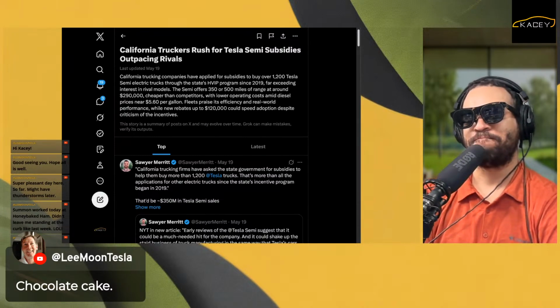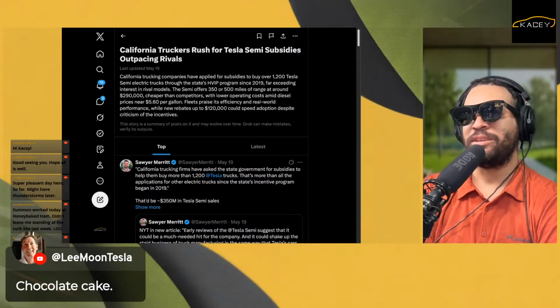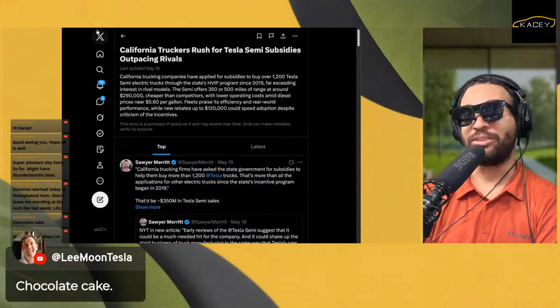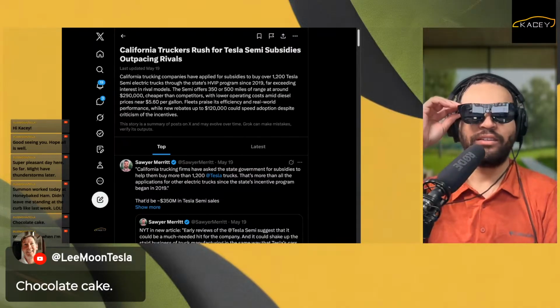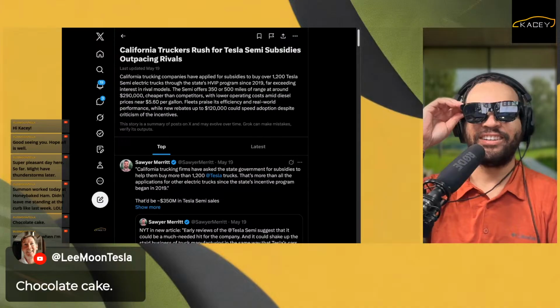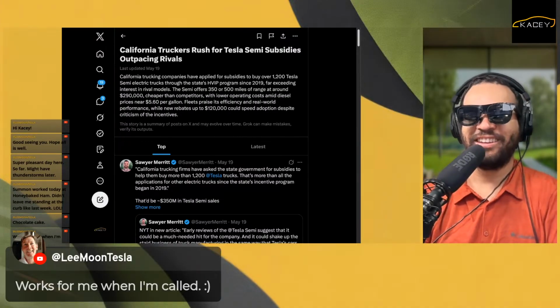Because there are concessions made when you just change out the fuel storage and the motive source and don't change anything else about the truck. Oh, everything's off to the right. Let me reposition this thing. There we go. That's a little low. There we go. And that works for me.